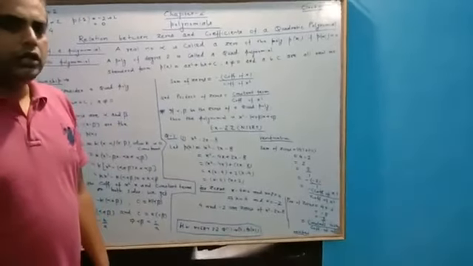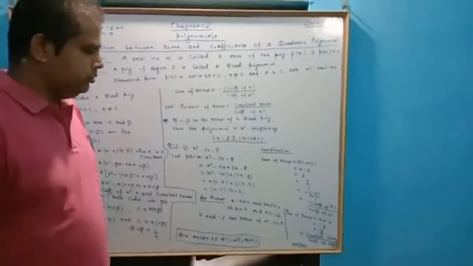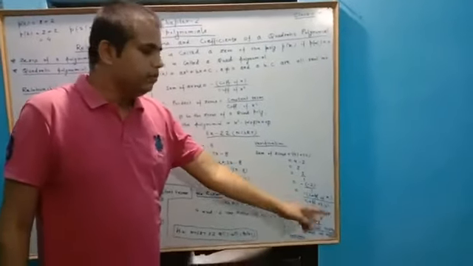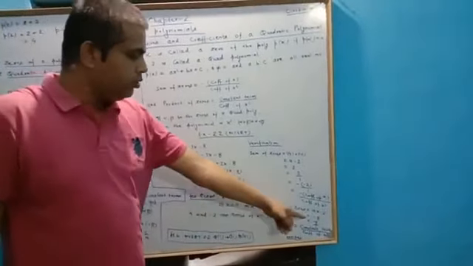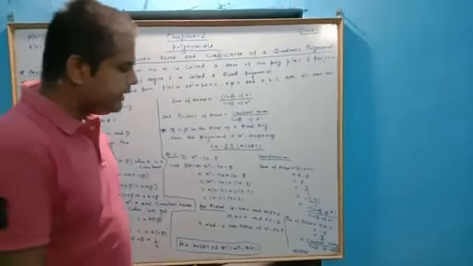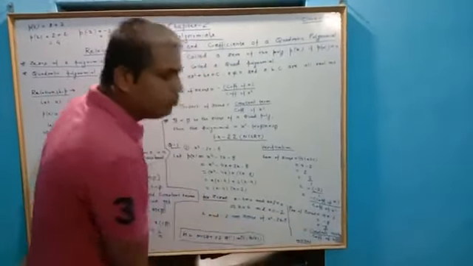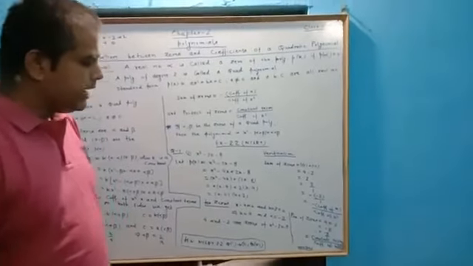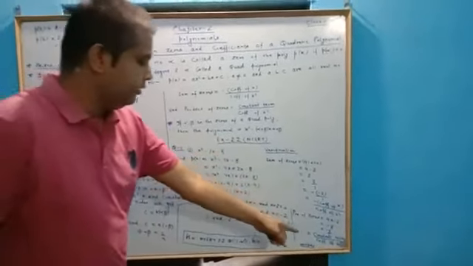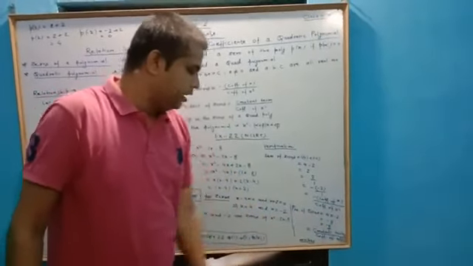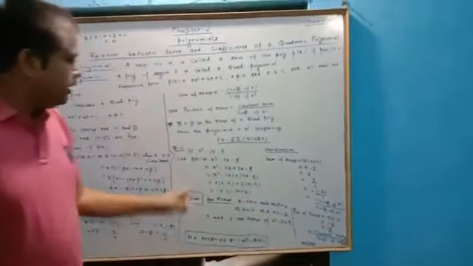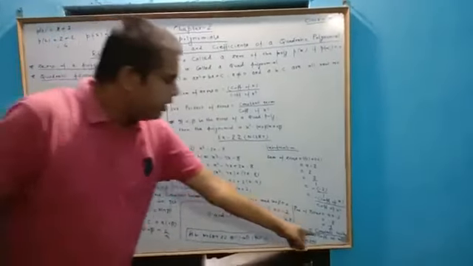Next, the product of zeros, that is 4 into minus 2, is equal to minus 8. This minus 8 can be written as minus 8 by 1. Minus 8 is the constant term, and 1 is the coefficient of x square.